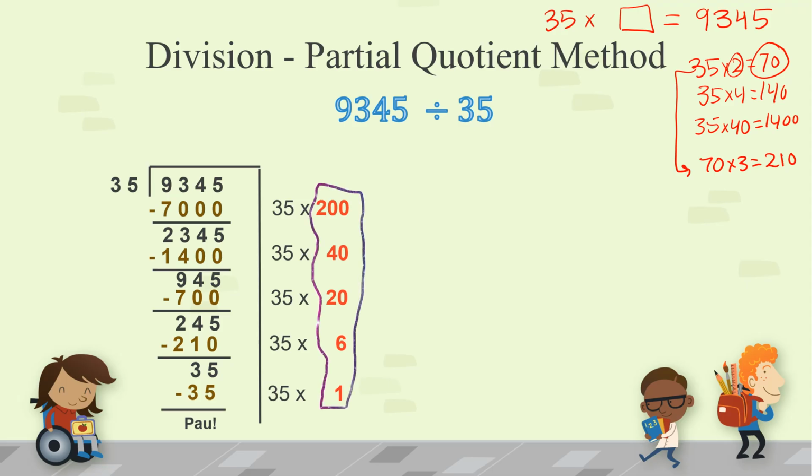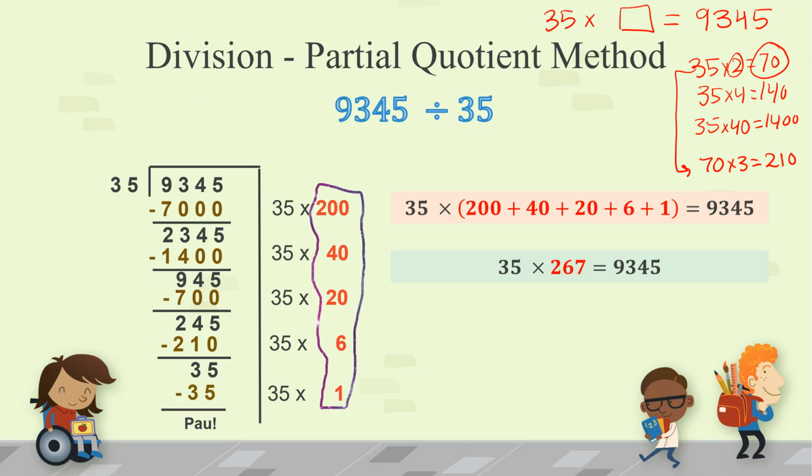Therefore, 35 times all of that is 9,345, and all of that is 267. That is the missing factor.